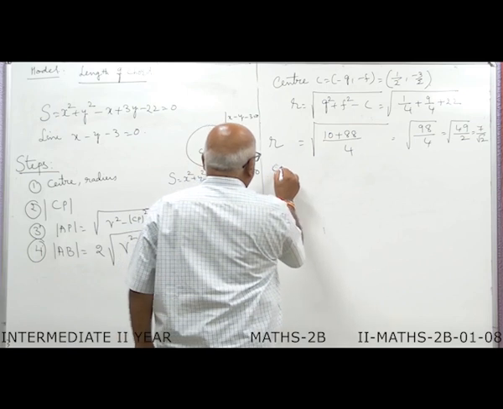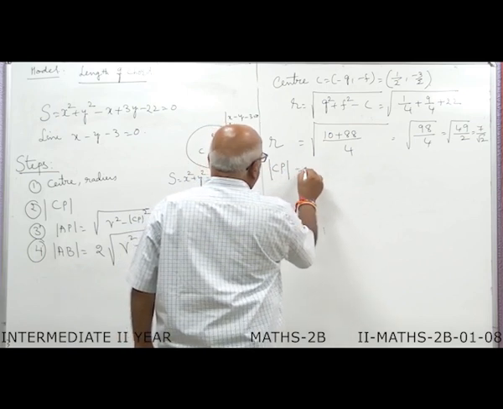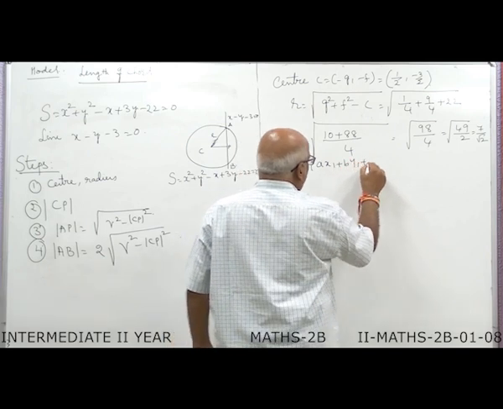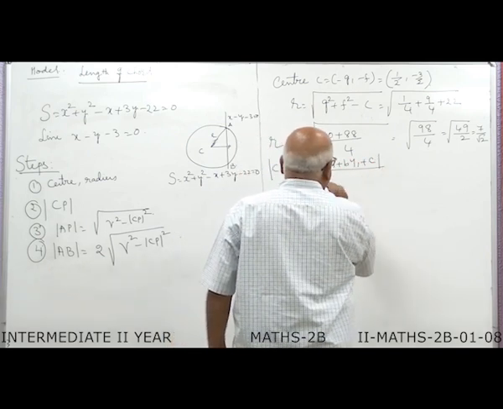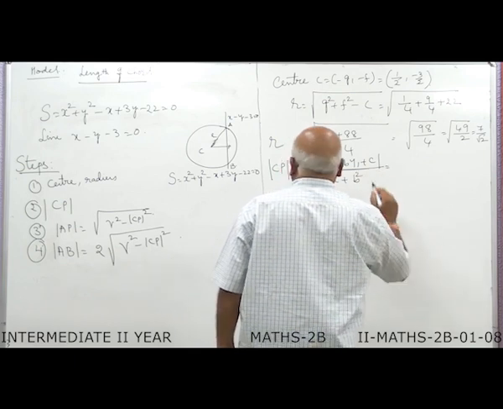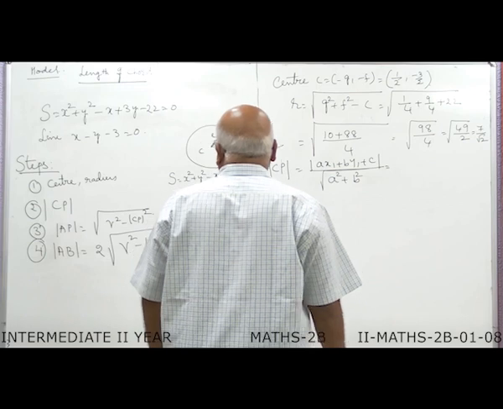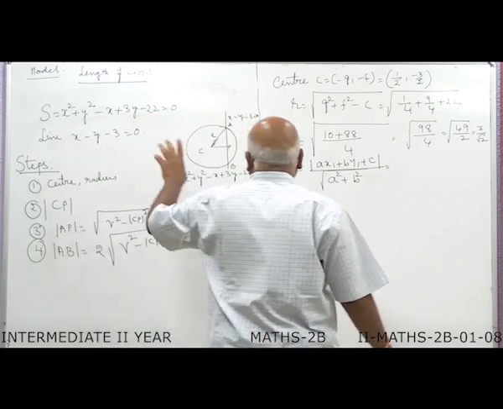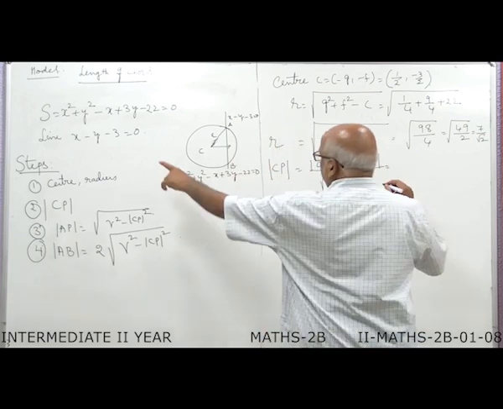CP, perpendicular distance of a point from the line, modulus of AX1 plus BY1 plus C by root A square plus B square. What are the coordinates of center? 1 by 2, minus 3 by 2.